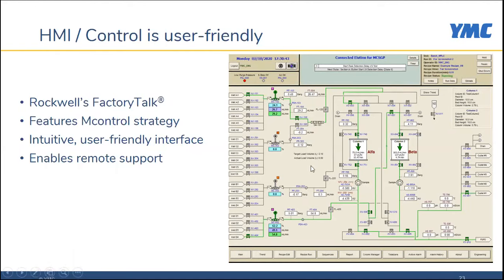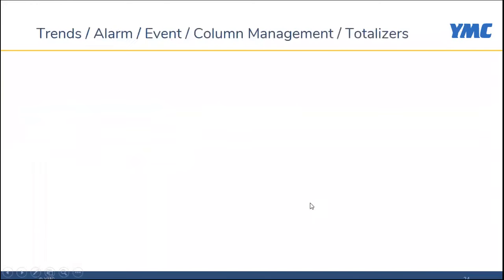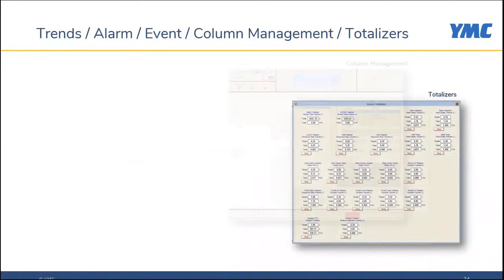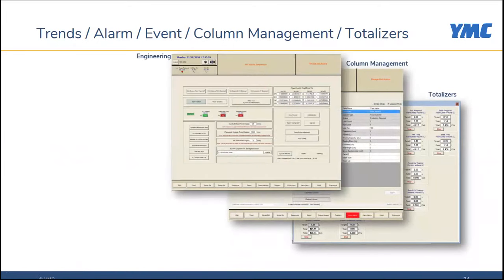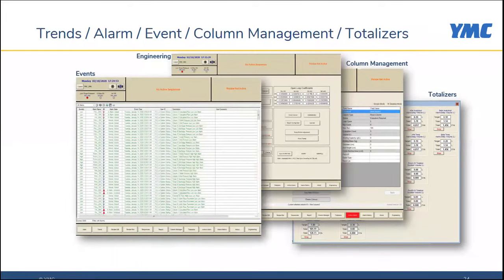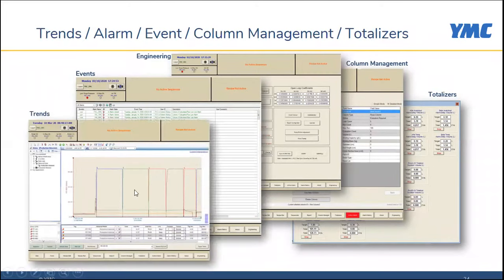You can see it's very intuitive, and you can access different buttons at the bottom here that allow you to have very quick access to different functions in the system, such as totalizer, column management, and the engineering screen, where you have high-level tools and configuration for engineering levels. This is the event screen, and it's very important, this is a trend screen where you can configure different pens with different colors, different ranges, etc.